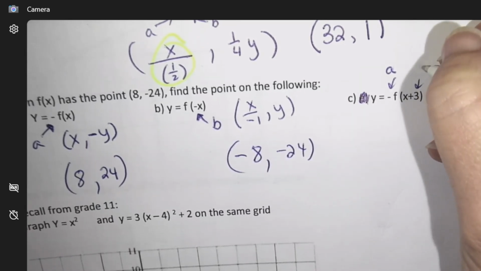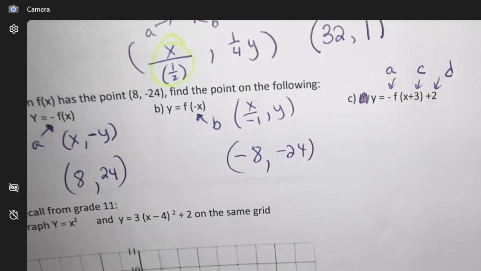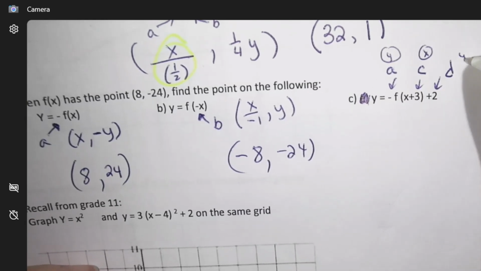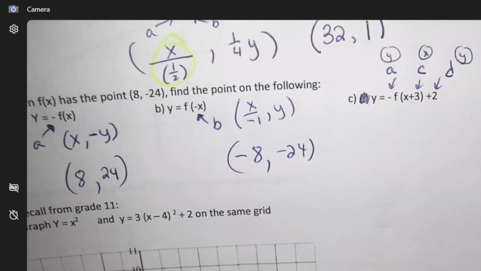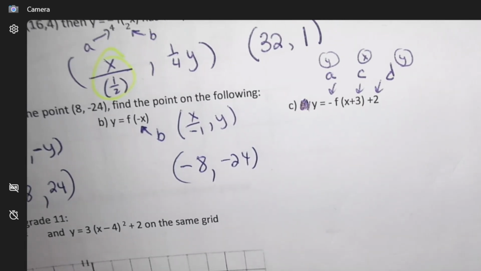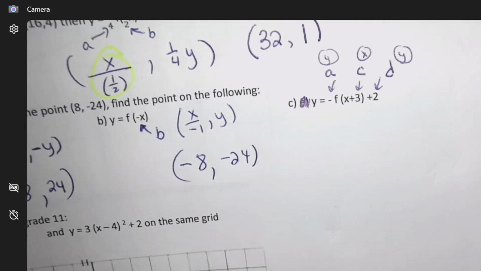The 3 is in the C. Okay, does everybody know that this is going to change X and this is going to change Y? Like everybody's matching that effect? Okay, C works with X, A and D work with Y stuff. So what is your math going to be?